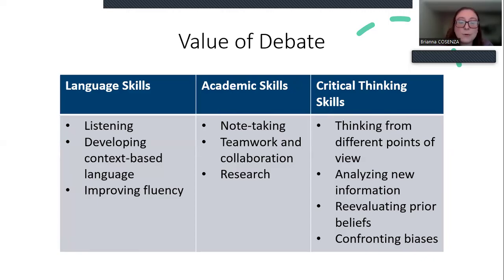Academic skills, of course, are note-taking, working in a team, collaborating with peers, and research skills. And for critical thinking skills, we follow Bloom's taxonomy: thinking from different points of view, analyzing new information, reevaluating your prior beliefs, and confronting any biases you may have.